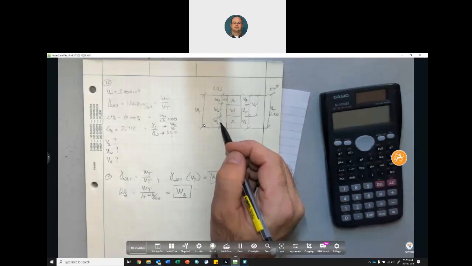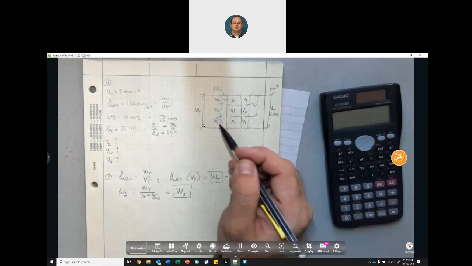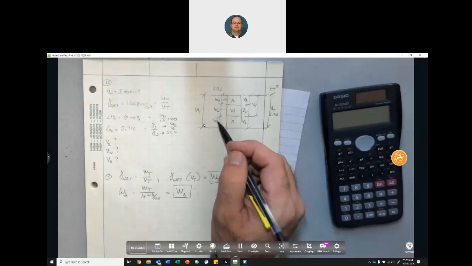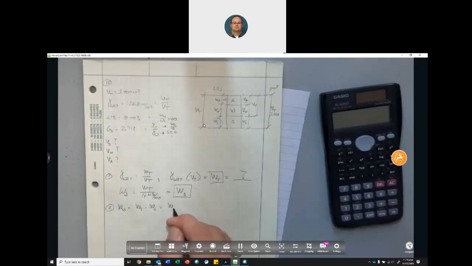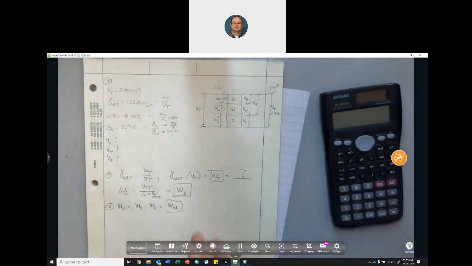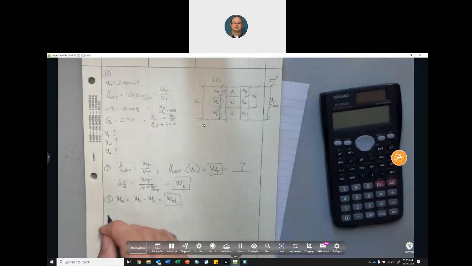Now, once we know total weight and we know weight of solids, we can find weight of water. Weight of water equals total weight minus weight of solids. All right, so now we have weight of water. Now we know the unit weight of water equals weight of water divided by volume of water.